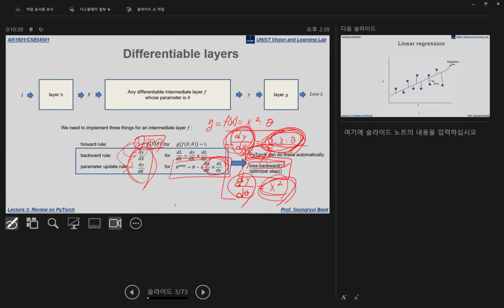Then if you call this second function, optimizer.step, then using that gradient, we eventually calculate dL/dθ, and you can update the new parameter vector using this gradient. That is what happens when you call optimizer.step. Are you following that?